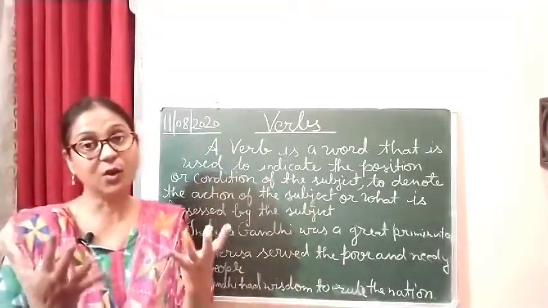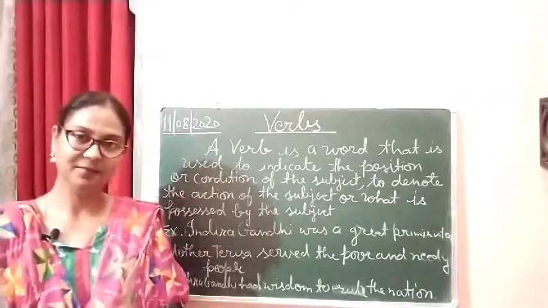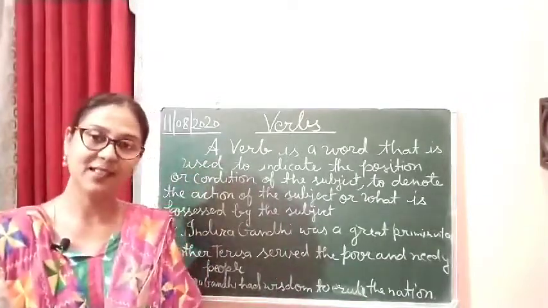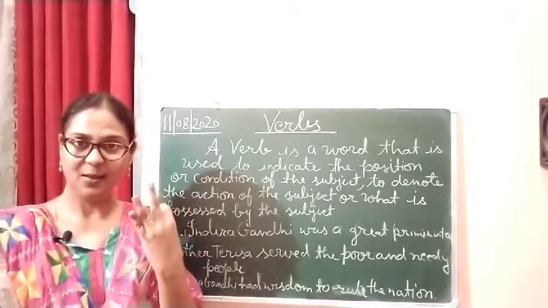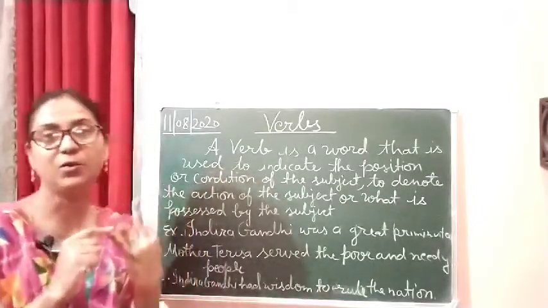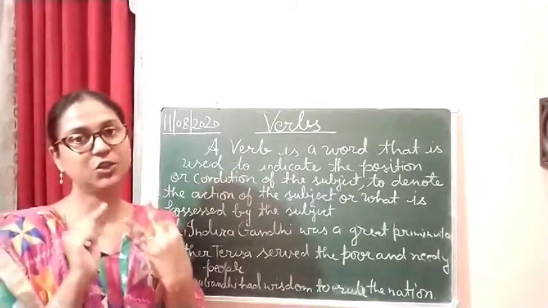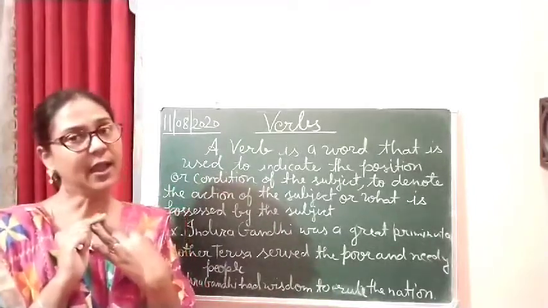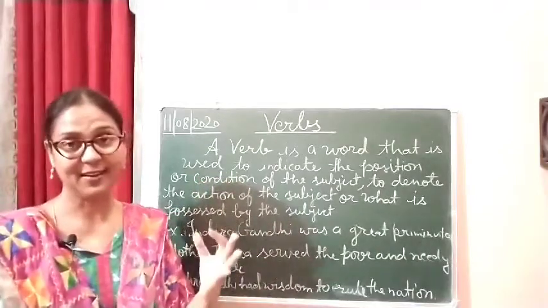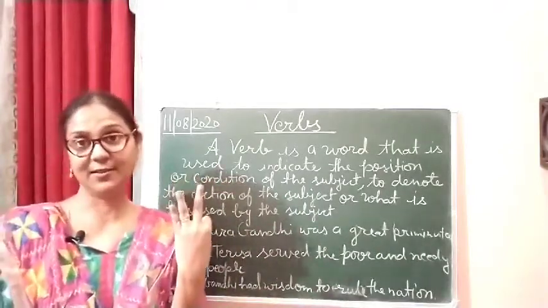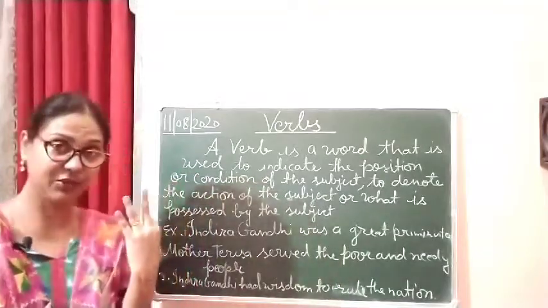What is possessed? What the subject is having. That is also denoted by the verbs. So for the 3 points of the definition of the verb, I am going to give you 3 examples to understand these 3 points.